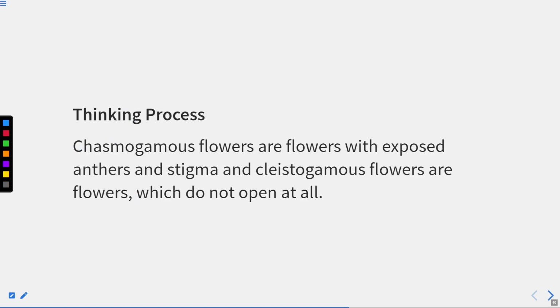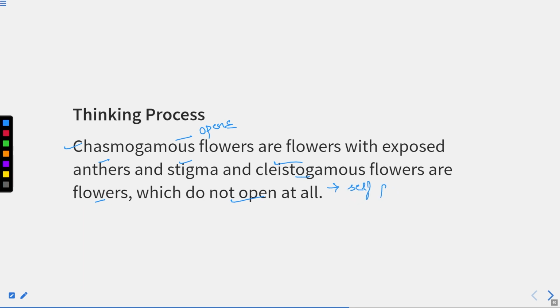So this is the thinking process here. Chasmogamous flowers are flowers with exposed anthers and stigma, because they remain open. And clastogamous flowers are flowers which do not open at all, so they remain closed. If the clastogamous flowers are always closed, what does this promote?